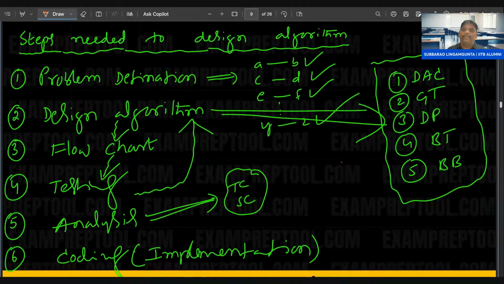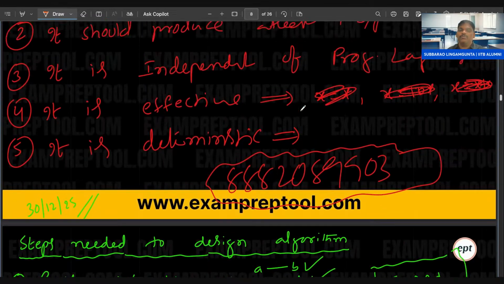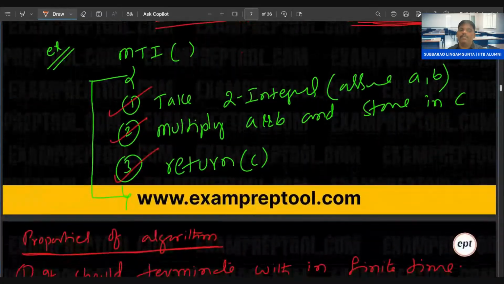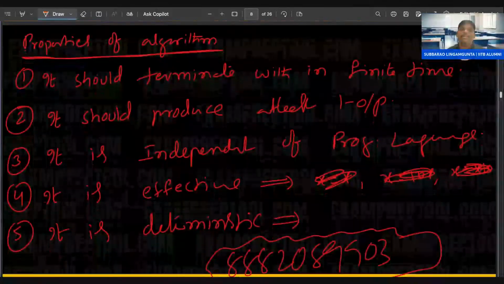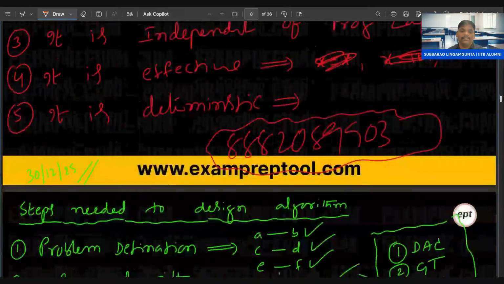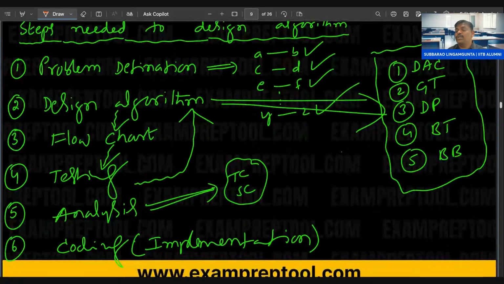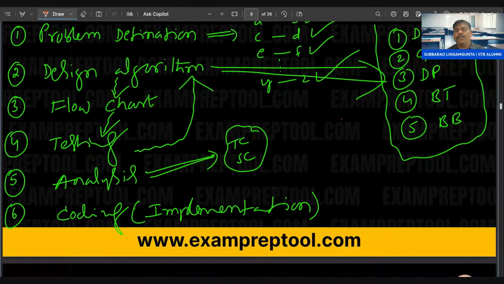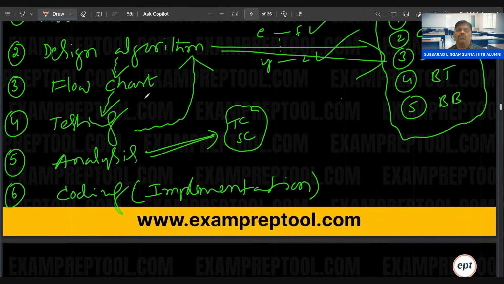Right? So remember, first of all, what is the algorithm definition? This one. Example, this one. Next one, properties of algorithm. These are the things. Next one, what are the steps to design an algorithm? Know the problem clearly. Afterwards, from the existing patterns, which pattern is more suitable for your problem? That is called algorithm design. After getting the algorithm, draw the flow chart, do testing.